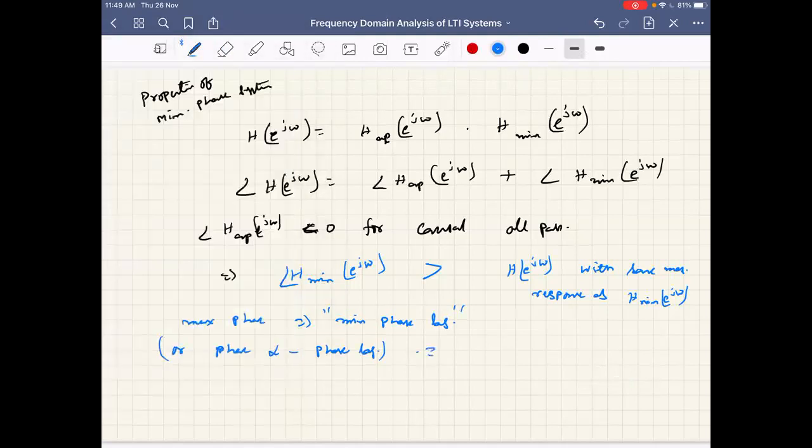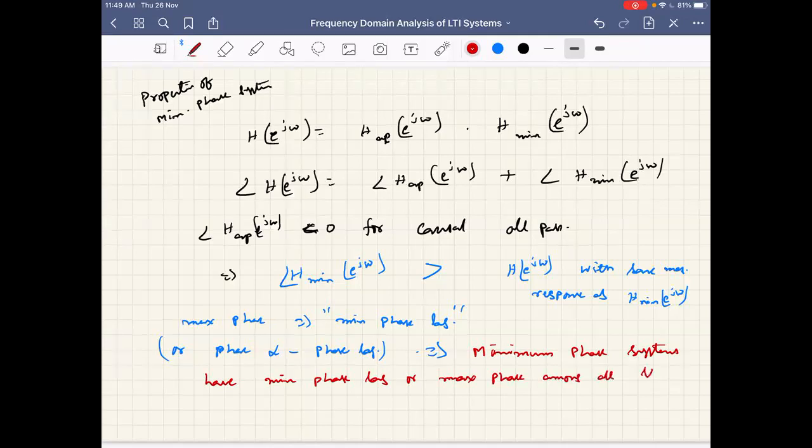That implies minimum phase systems have minimum phase lag or maximum phase among all the systems having the same magnitude response.